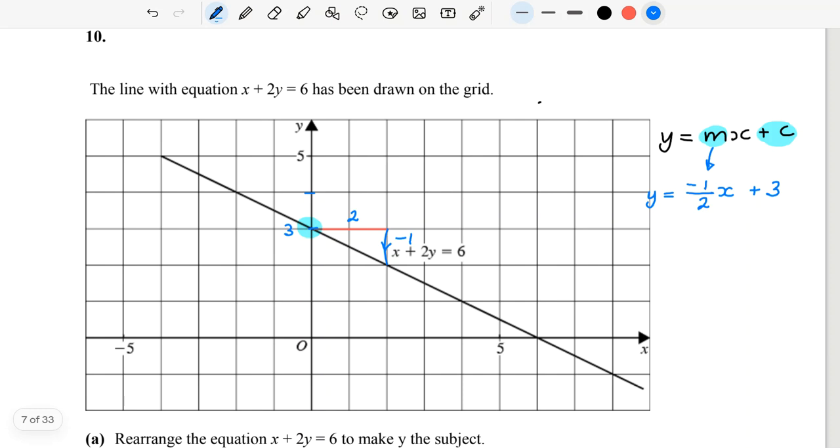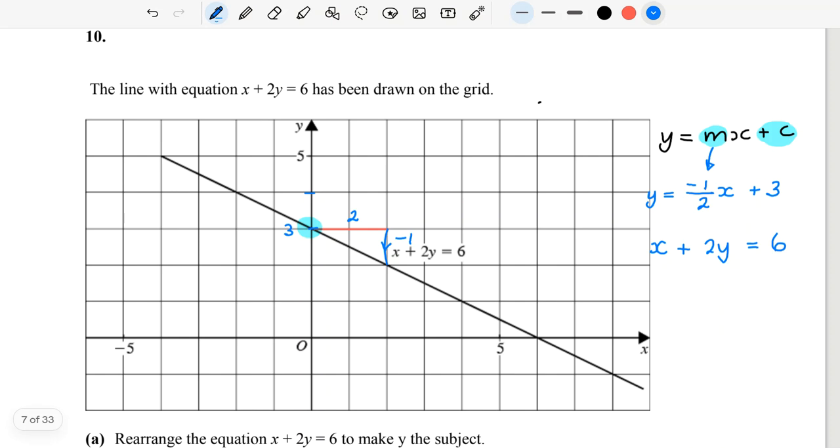Happy with that? Yeah. However, they've told us that the equation of the line is actually x plus 2y equals 6. And what we need to know is whether those two things are equivalent, which they are, but how to get there.